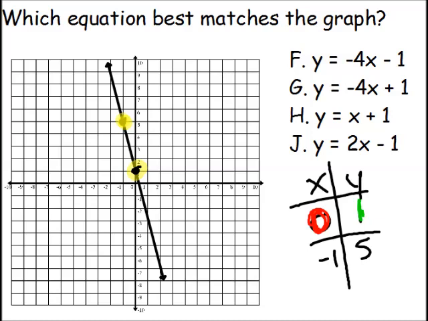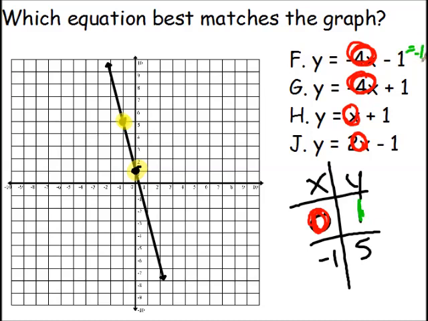Notice, if you multiply anything times 0, you're going to get 0. So where I have -4 times x, I'll get 0. For x, I'll have 0. And for 2 times x, 2 times 0 will also be 0. So for f, I would get 0 minus 1 is -1.